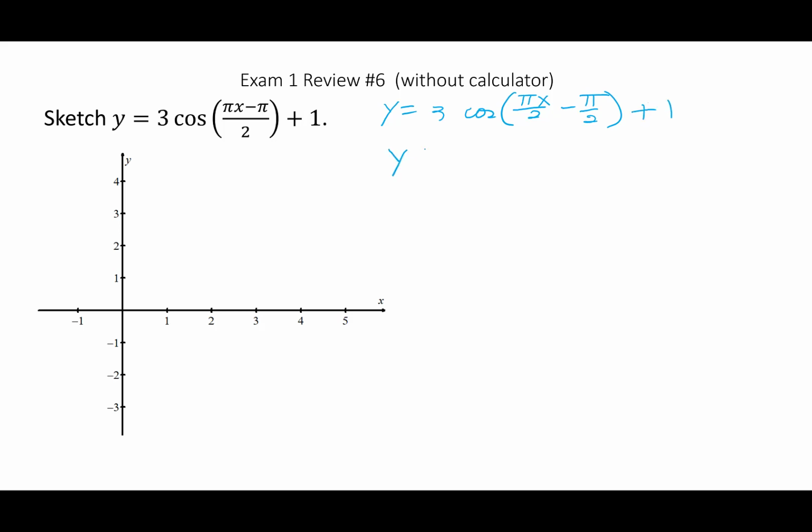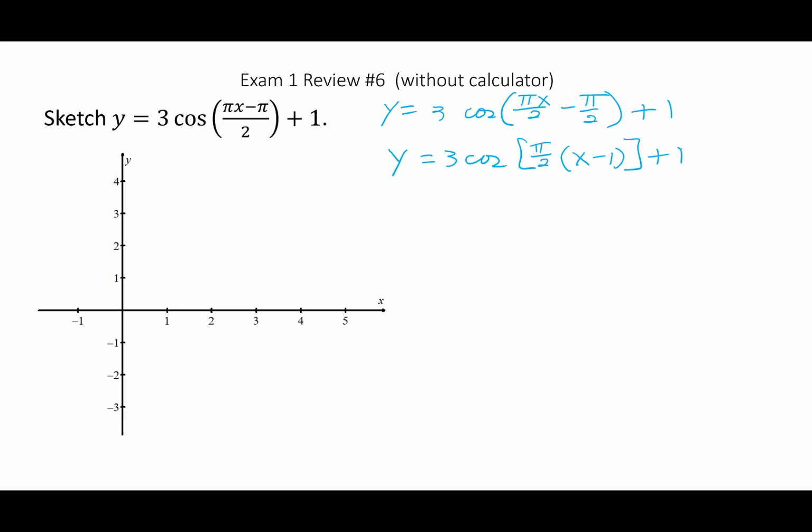And one more simplification, we have y equals 3 cosine, and then I'm going to factor out pi halves from the pi x over 2 and the pi halves that I have. So that's going to leave me with pi halves times x minus 1 and then plus 1.